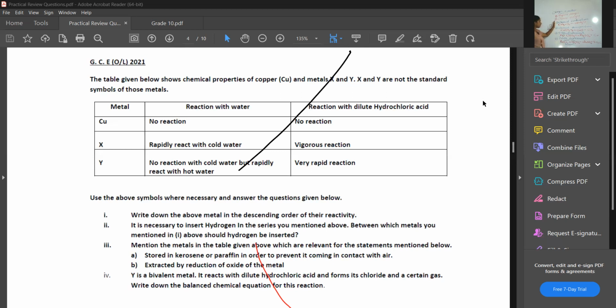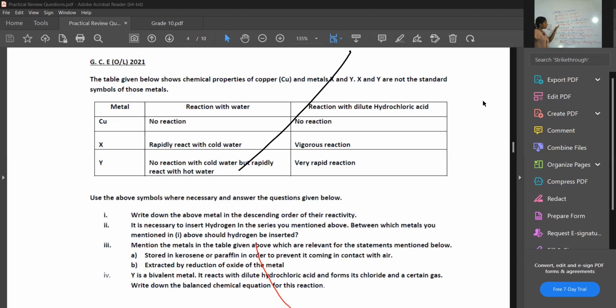So this is about the 4 types of chemical reactions. If you are asked to write one of these chemical reactions, you have to remember these equations.